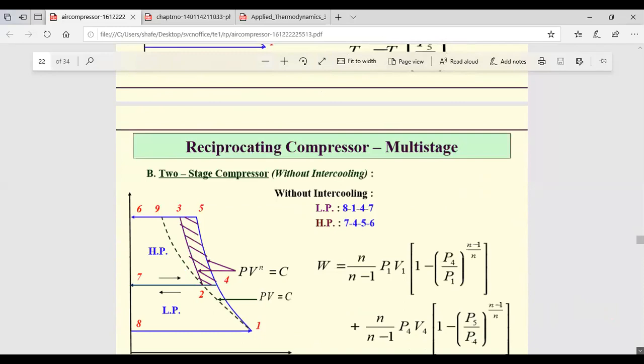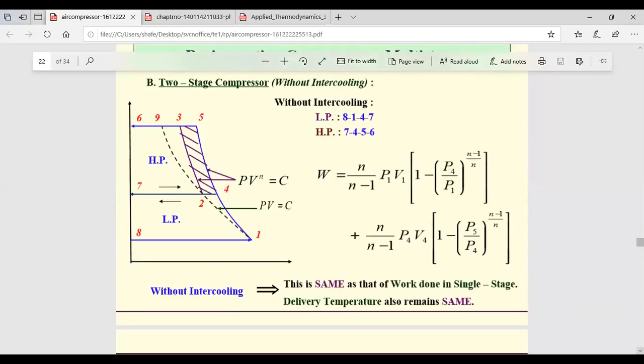Now just go for one more thing. If I adopt without intercooling, what is the thing? This particular diagram gives you without intercooling. That means I am not perfectly cooling, so T2 is not equal to T1. In that case, what is the work done? That is the combination of low pressure cylinder work plus high pressure cylinder work.